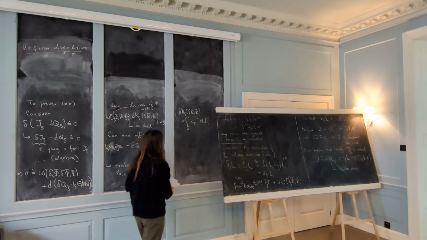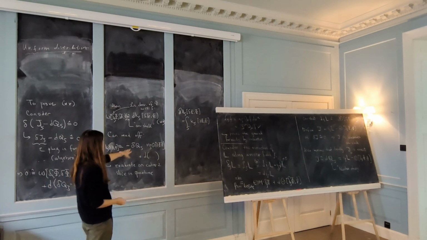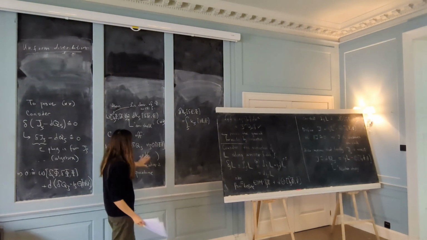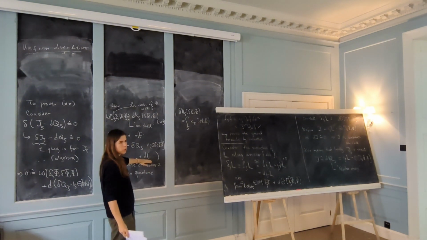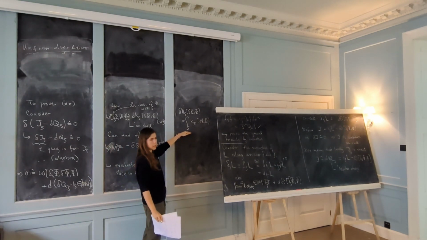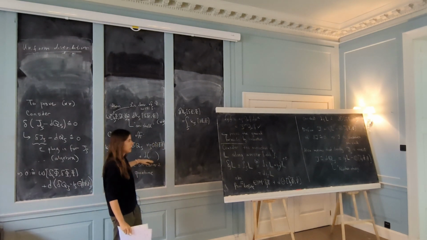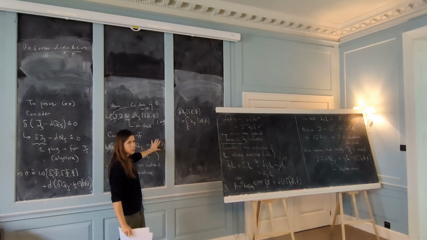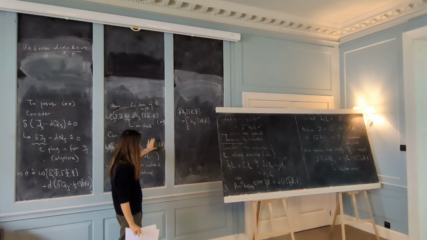So let's just compare a little bit with this formula here. First of all, this last term here, the total derivative, doesn't matter, because if this thing is closed, then this is going to go away. Now, let's assume for a second that this term involving the interior product of the symplectic potential vanishes.